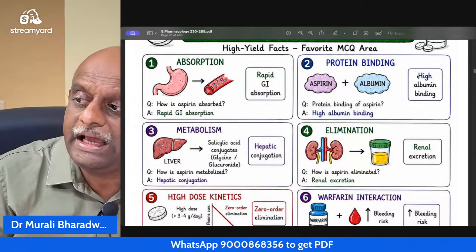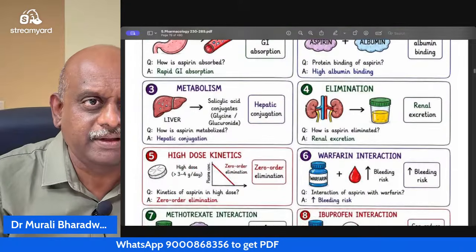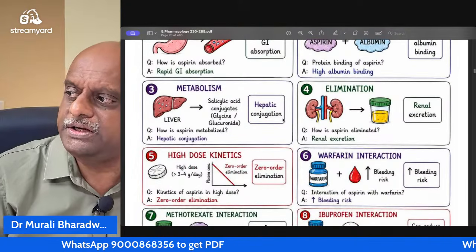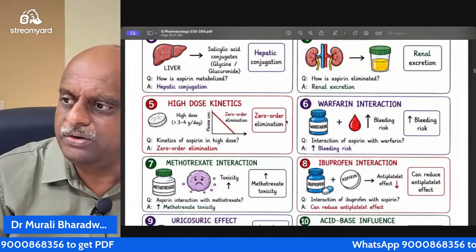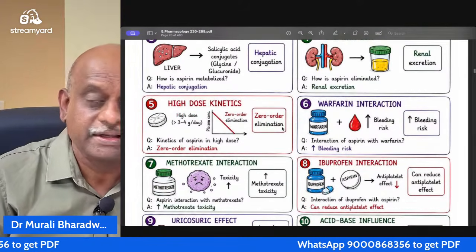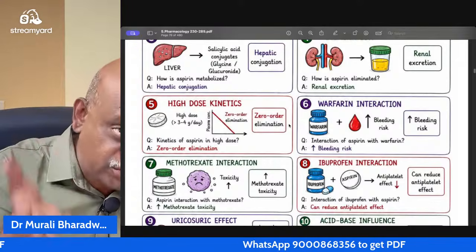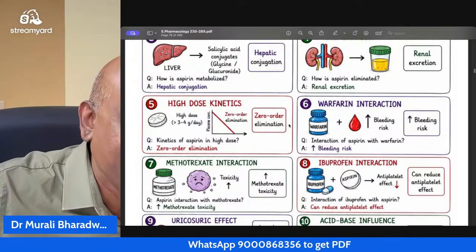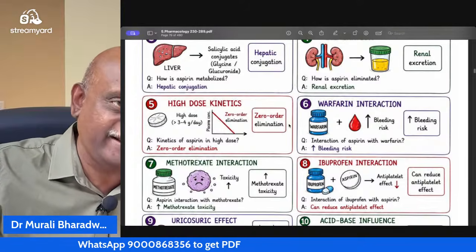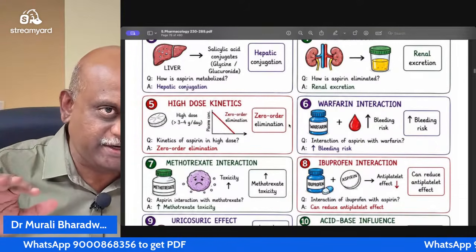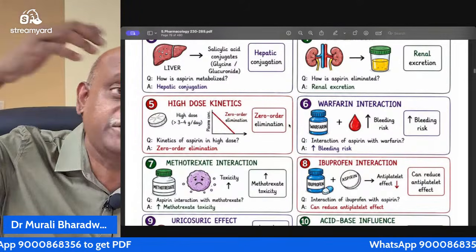It has a high albumin binding. It undergoes hepatic conjugation. It is renally excreted. At high dose it follows zero order kinetics, where actually you require first order. When toxic effects are there, you want quick clearance, first order. But unfortunately, at that time, it becomes zero order.